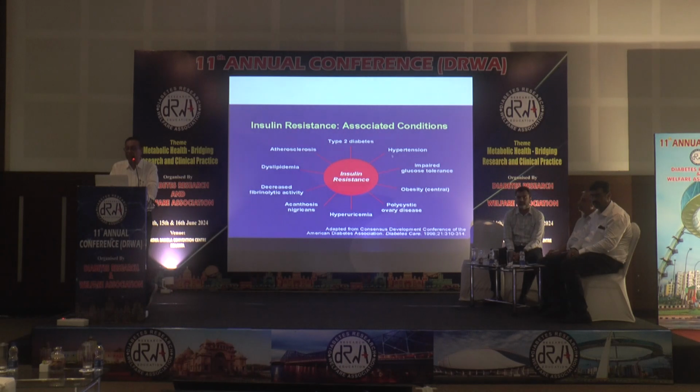And atherosclerosis is basically a combination of everything because of endothelial dysfunction and increased onset of atherosclerosis. And this atherosclerosis is modifiable. This is not a non-modifiable atherosclerosis because this is one thing which you can modify and correct.